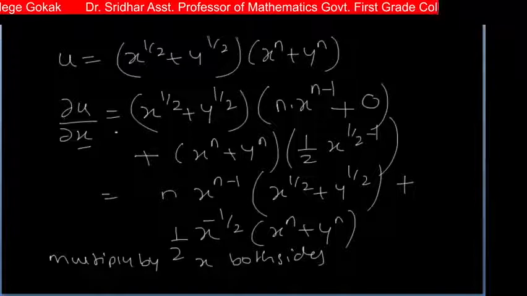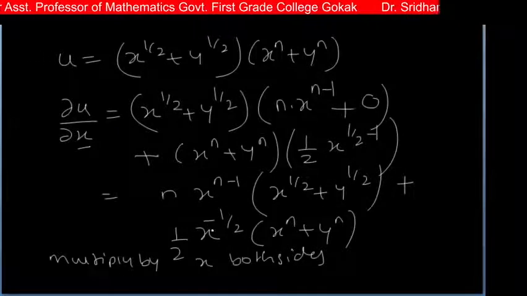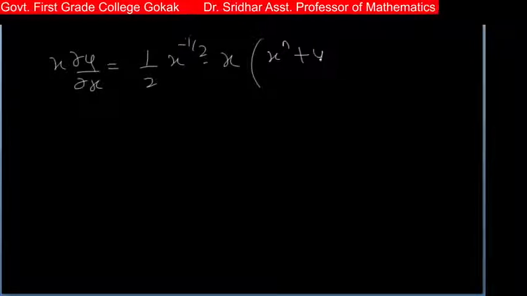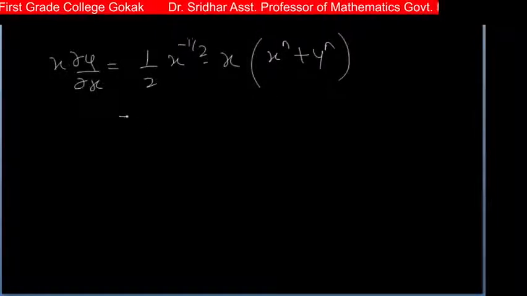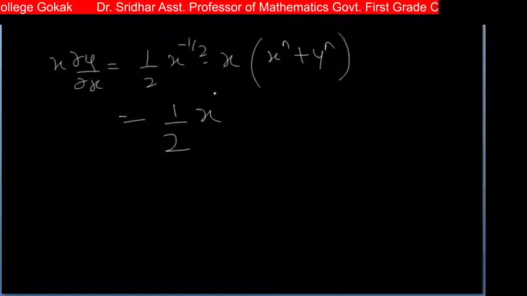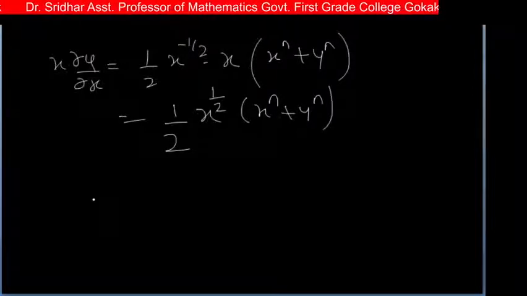So x into dou u by dou x is equal to, when I multiply with this x, we get 1 by 2 into x raised to minus 1 by 2 into x into bracket x raised to n plus y raised to n, which is equal to 1 by 2 as it is, x raised to 1 minus 1 by 2, it is plus 1 by 2, into x raised to n plus y raised to n.